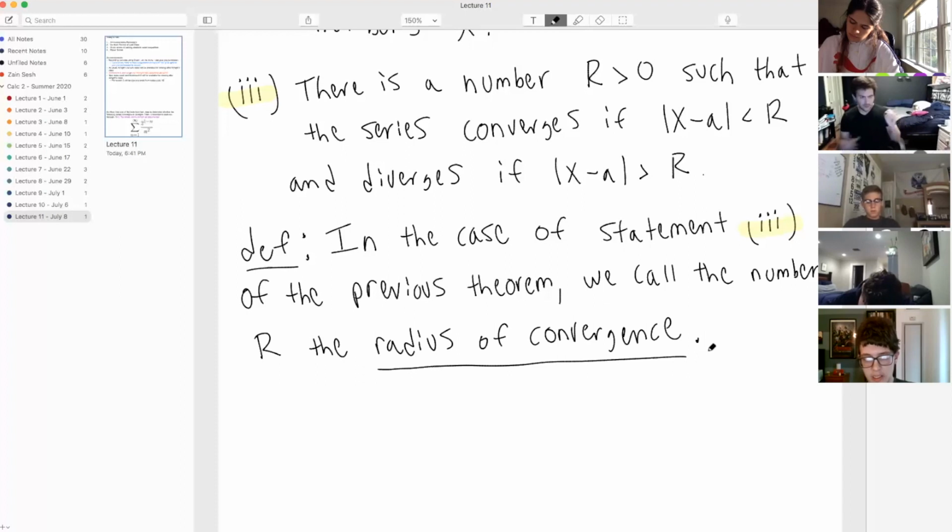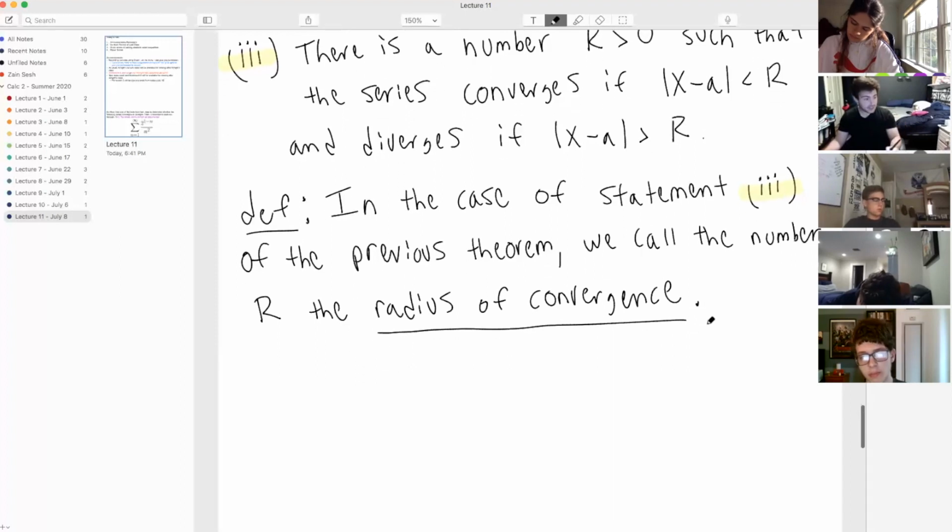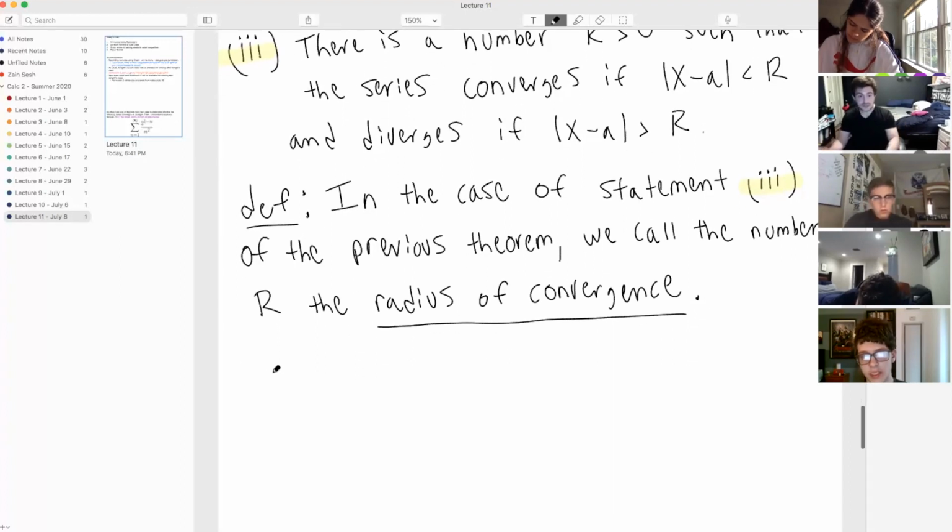One more definition. I'm sorry, this is a lot of writing, and then we'll get to examples. Second definition.